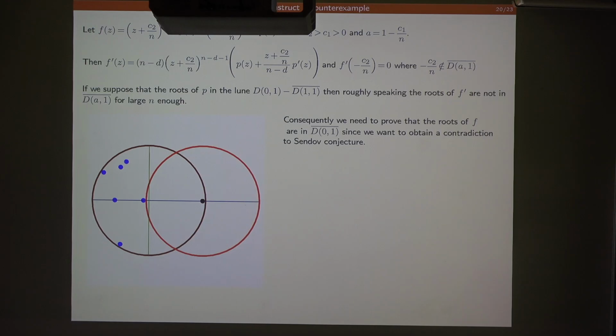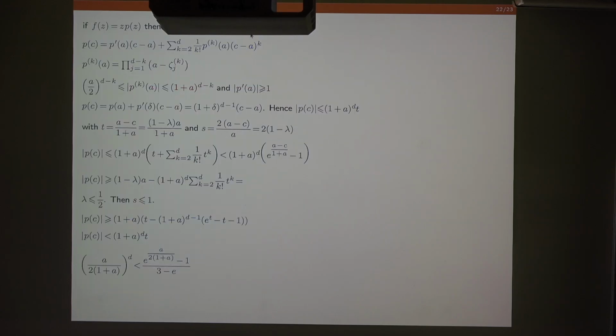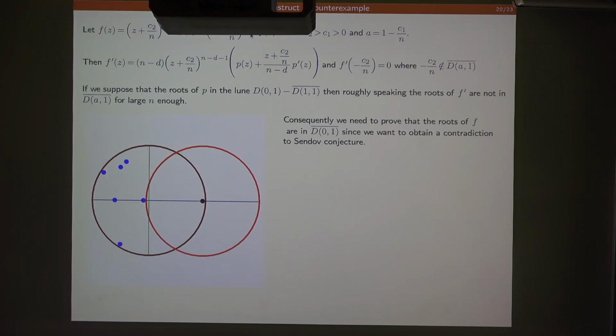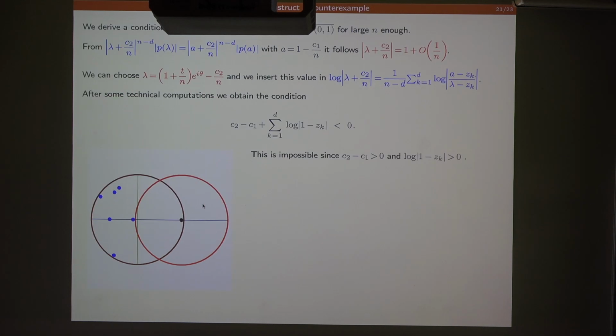We can try to construct a counterexample. To construct a counterexample, the strategy is the following. You consider this polynomial, and you have this situation. Here is the derivative of f. Here you have a root of f.